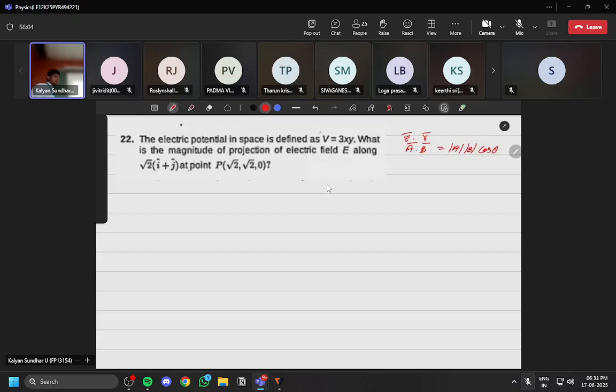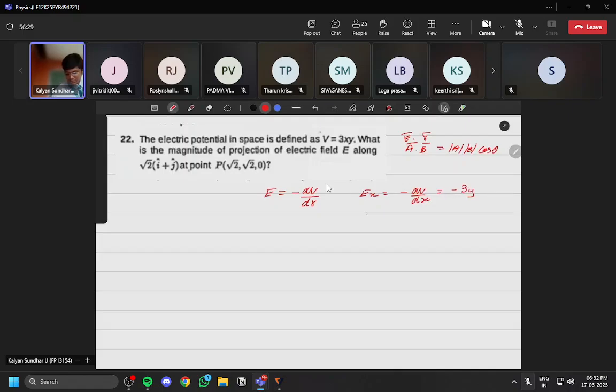So first what do we have to find? What is your total potential, total electric field we have to find out. Potential is given. What is the relation between potential and electric field? E will be equal to minus dV by dr, right? Now electric field along x will be equal to minus dV by dx. So here who is the variable? x is the variable, y is a constant, so it will become minus 3y.